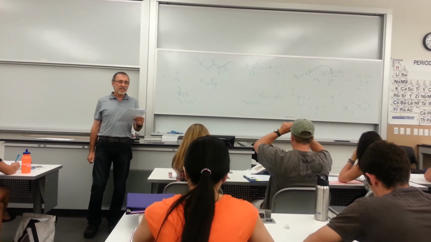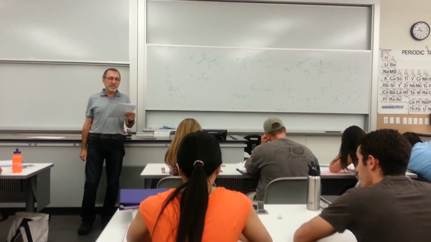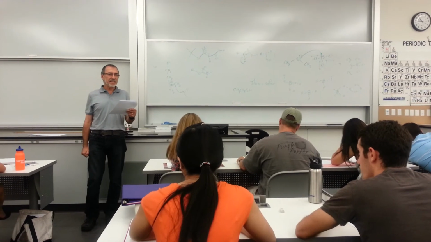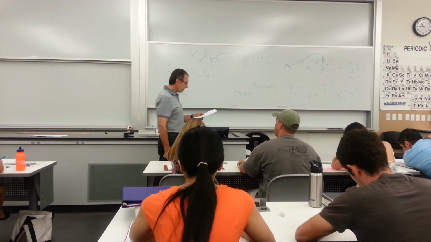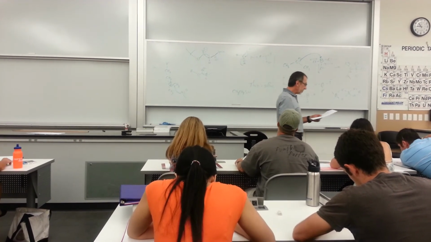Okay, select the strongest base. Here's a way to think about it. What item here has the highest pKa as its conjugate acid? Okay, so the first one is hydroxide, which comes from water.